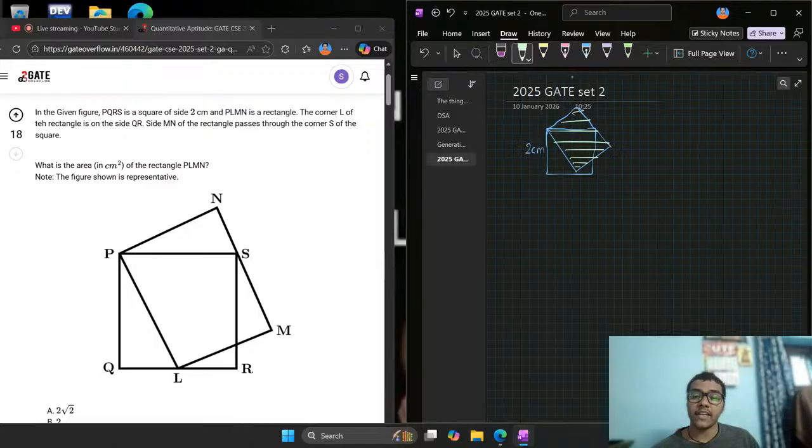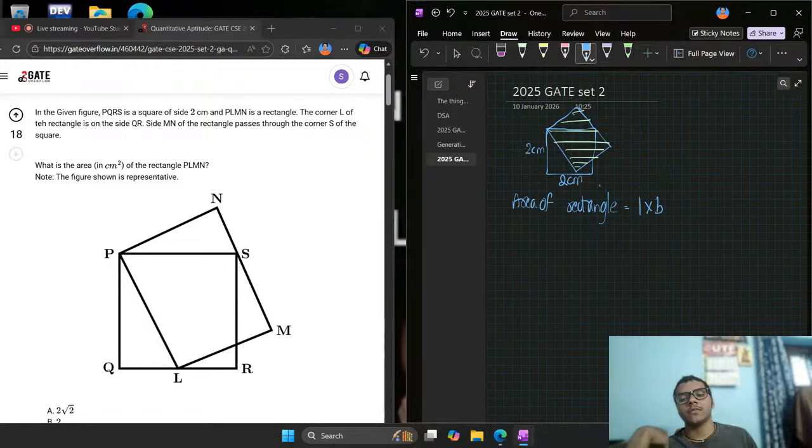How are you going to find it out? We only know one relevant formula. Area of rectangle is equal to L into B. That is a basic formula.